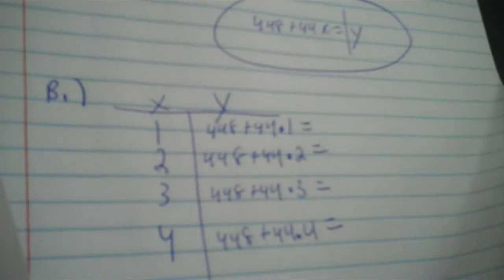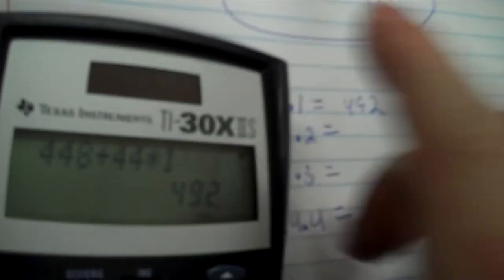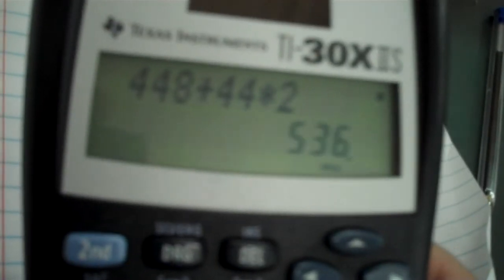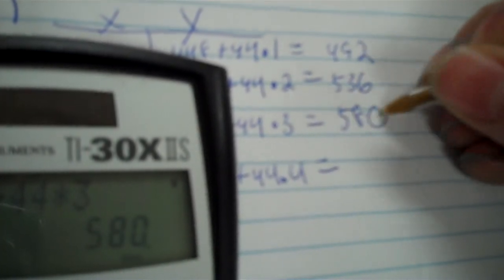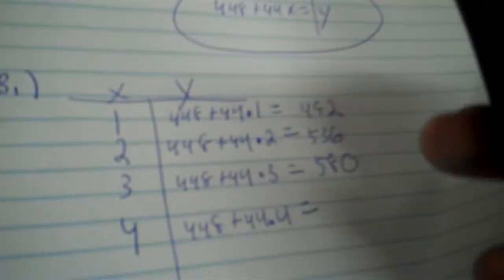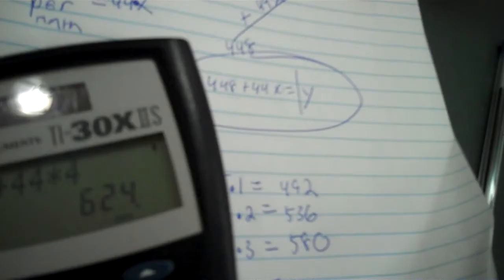I plug those into the calculator. So 448 plus 44 times 1, 492. 448 plus 44 times 2, 536. 448 plus 44 times 3, 580. 448 plus 44 times 4, 624.